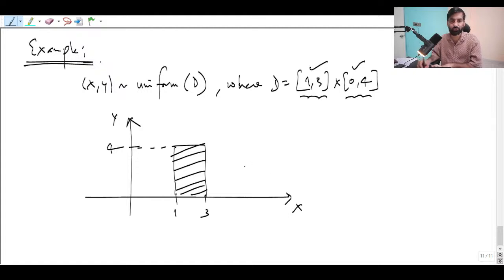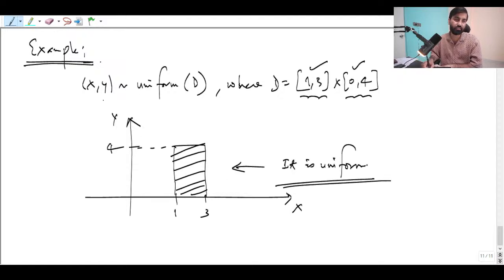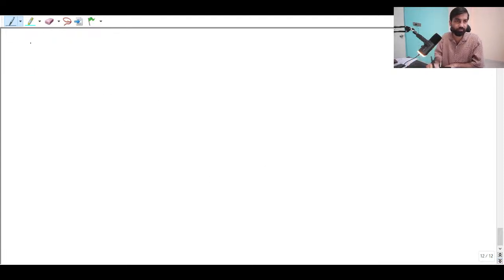So it is again uniform. And you can easily find out the expectation, the conditional expectation, and the conditional density function. Okay, so please remember these examples.